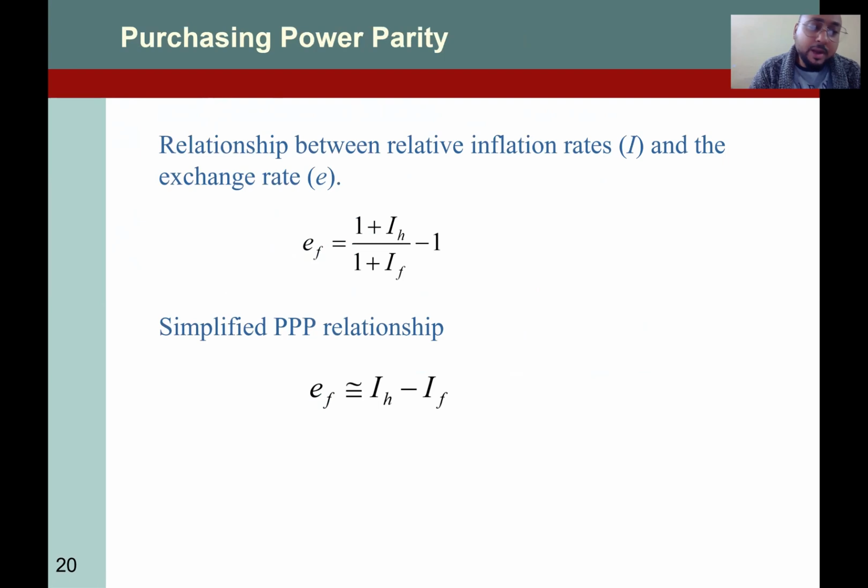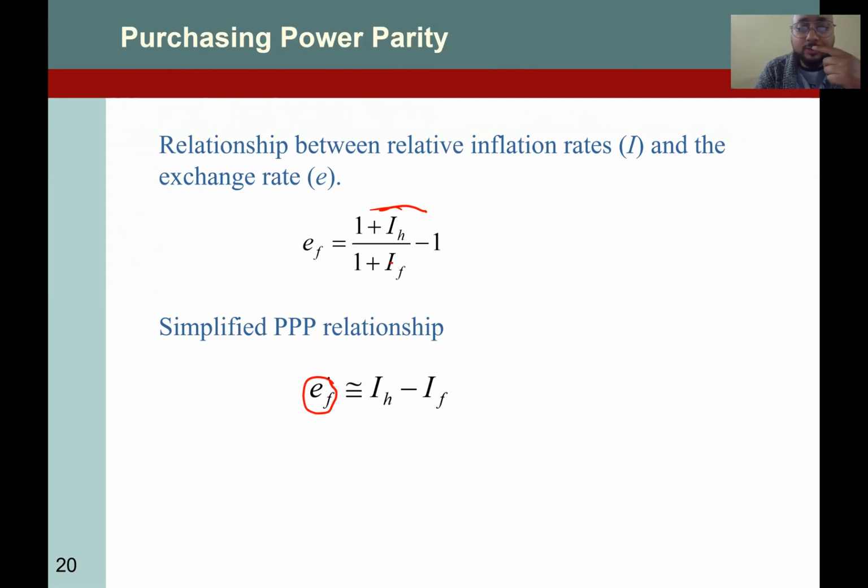So purchasing power parity holds that the country which is experiencing high inflation, its currency will go down. Many students get confused regarding this. This is the value of the foreign currency, that's why it is written EF, foreign currency.